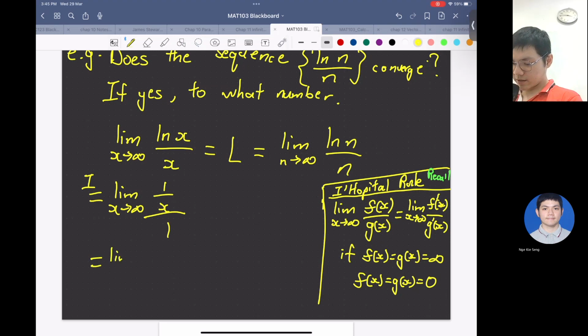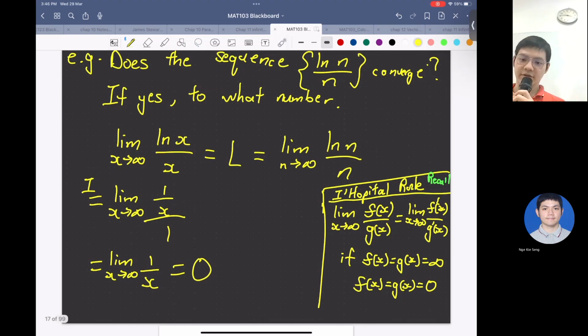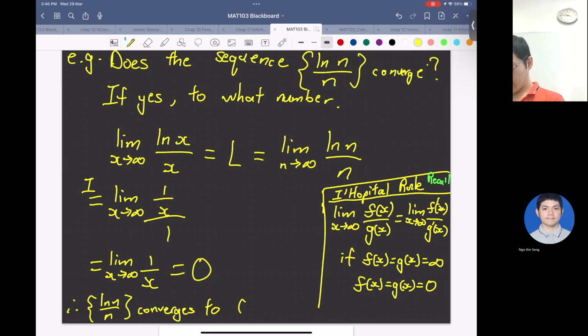So it's just the limit as x goes to infinity of 1 over x, which is 0. So L equals 0. That means your sequence also converges to 0. So the sequence ln n over n converges to 0.